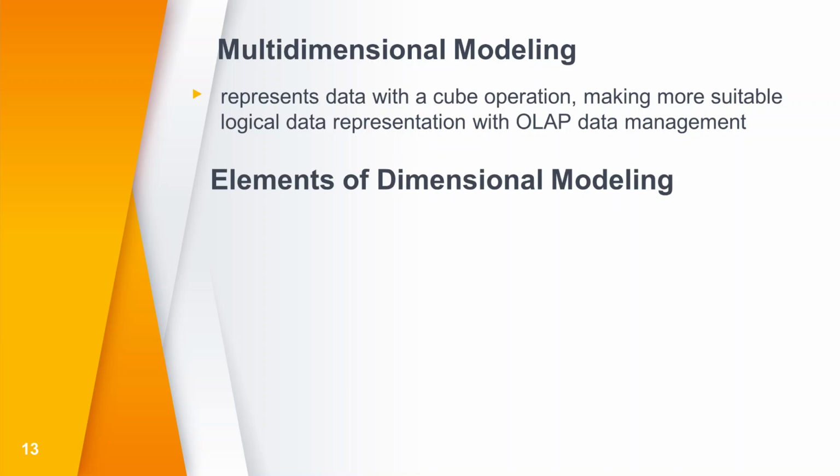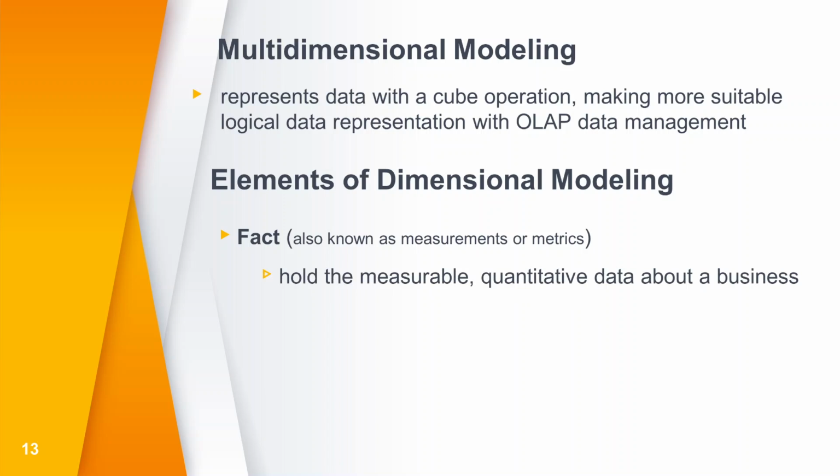Okay, so what are the elements of dimensional modeling? First, we have the so-called fact, which is also known as measurements or metrics. A fact simply holds measurable quantitative data about a particular business.